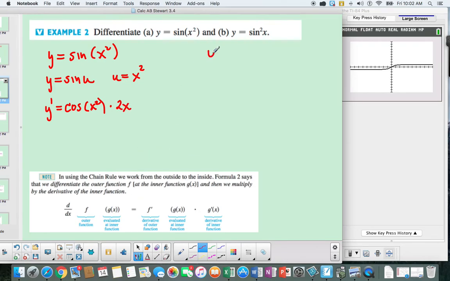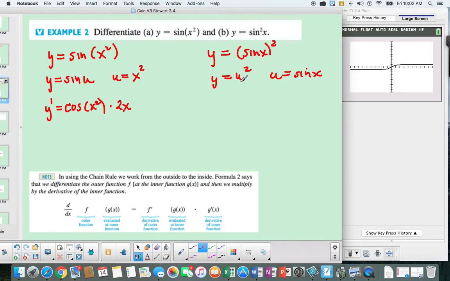All right, over here, y equals, I'm going to write this like a composite function, sine of x, squared. I want to recognize that the outer function is a square function, and that the inner function is a trig function. So that's kind of the reverse of what we had here. Here, our outer function was sine, our inner function was a power.